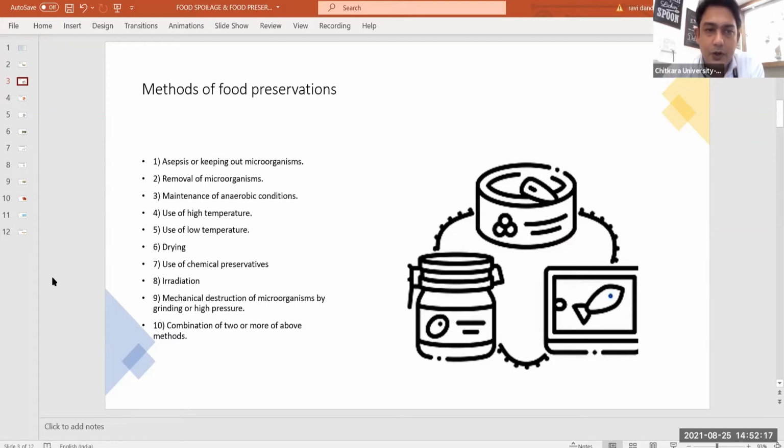Then removal of microorganisms, maintenance of anaerobic conditions, use of high temperature, use of low temperature, drying, use of chemical preservation, irradiation, mechanical destruction of microorganisms by grinding or high pressure, and a combination of two or more of the above methods. We can combine various methods to achieve fully preserved food. We'll discuss them one by one.